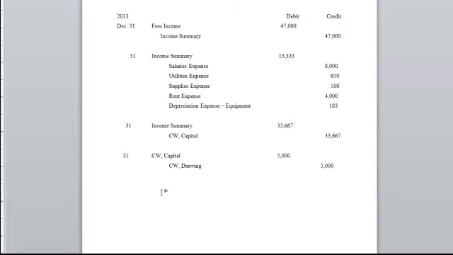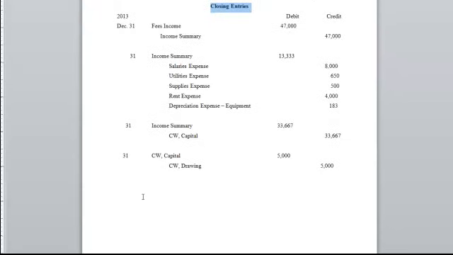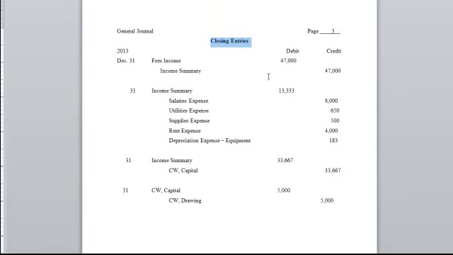Okay, those are my 4 closing entries. And generally in my general journal, I'll just make a little section called closing entries. And then you don't have to put a description for each of the 4 closing entries. And then I'll post those into my general ledger accounts, and I'm ready to start the new year.